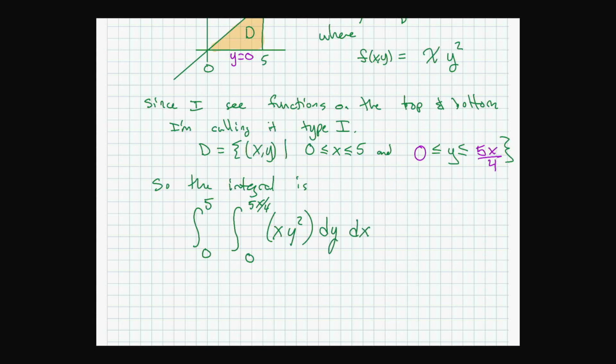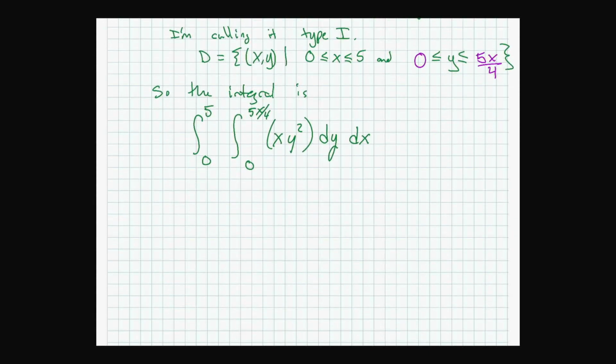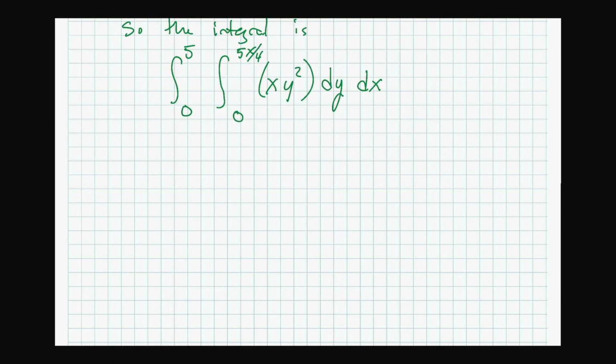Otherwise, it won't work out. Okay, so this is how we set it up. You have some problems in the homework where you fill in the blanks for the limits and the function. So you do need to be able to set these up yourself, just like we did, and then now we can solve it. Now evaluate it.